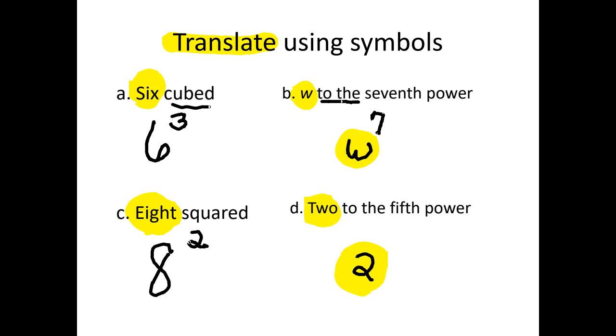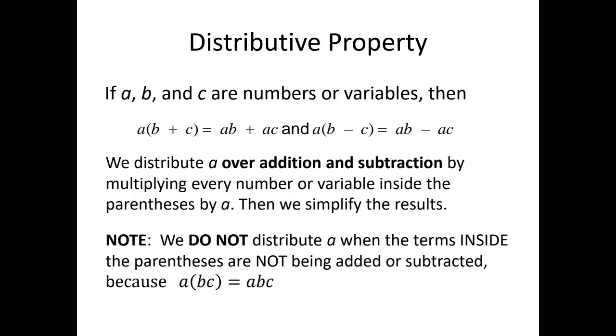Now, we're going to talk about another property. And this property, you got to be real careful with this, because this is saying distributive property. You're going to have 3 terms. The variables are A, B, C, but they can be numbers as well as variables. But here's the catch. The distributive property can only be used when inside the parentheses, we have a plus or a minus.